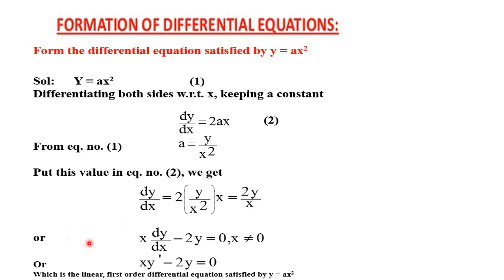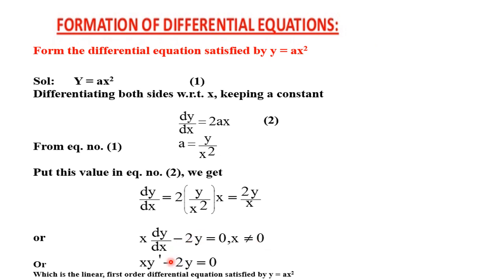Or we can write it as x into dy upon dx. I have taken x toward this side. That means I'll have x into dy upon dx. 2y is taken towards the left hand side. When we take it to the left of the 0, it will become minus 2y is equal to 0, whereas x is not equal to 0.